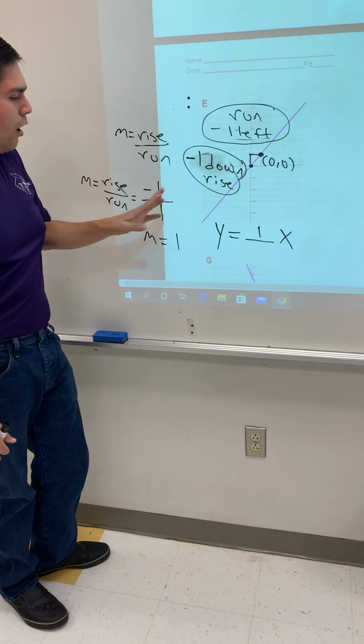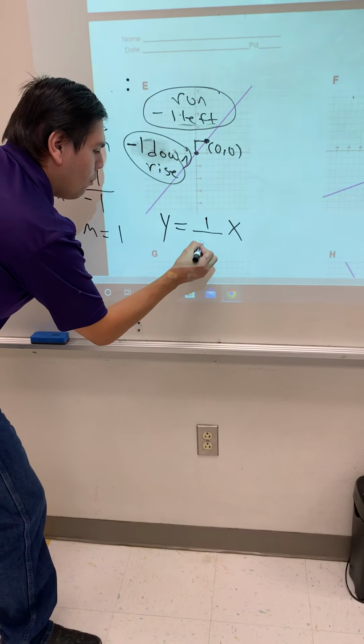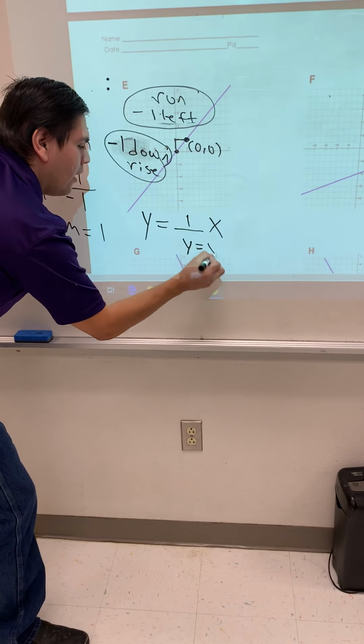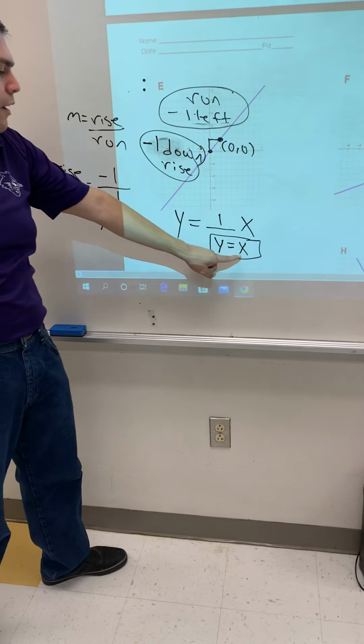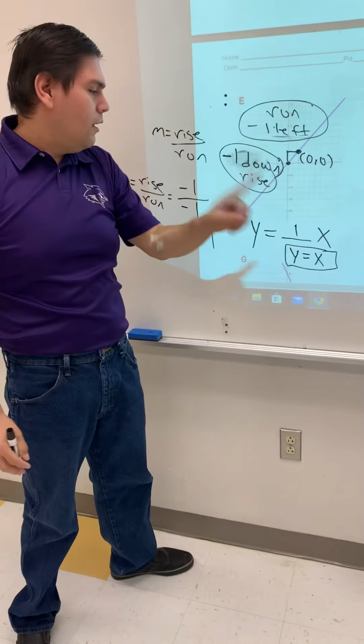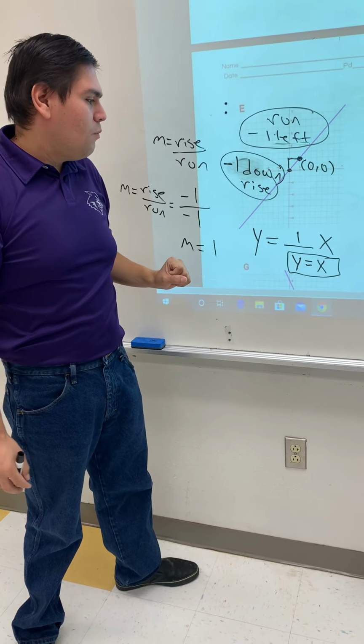Now, on your answer choices, you're going to see that they've written it in the form of y equals x. And that's technically correct because, again, how many x values do you see? 1. So it's also understood that it's a 1.